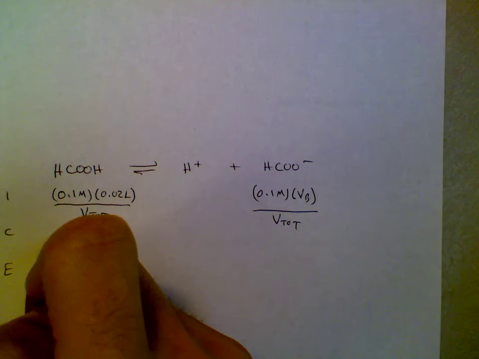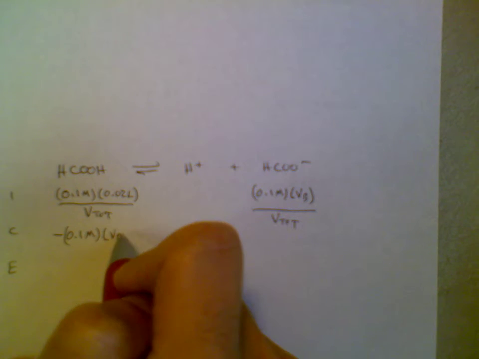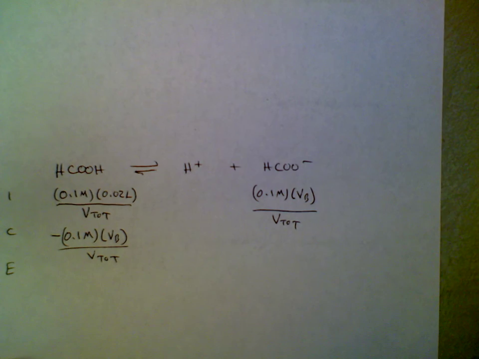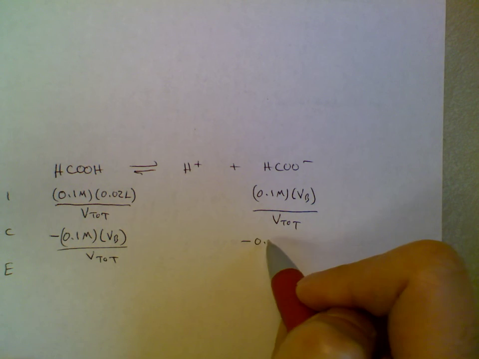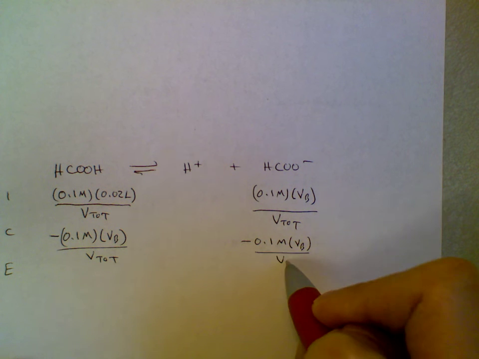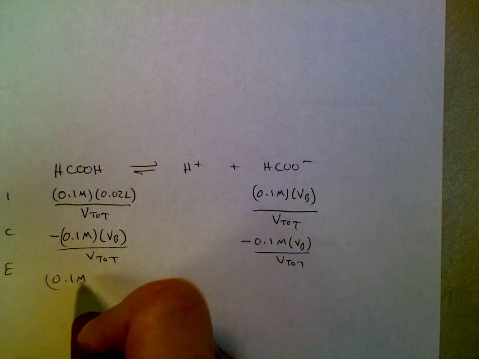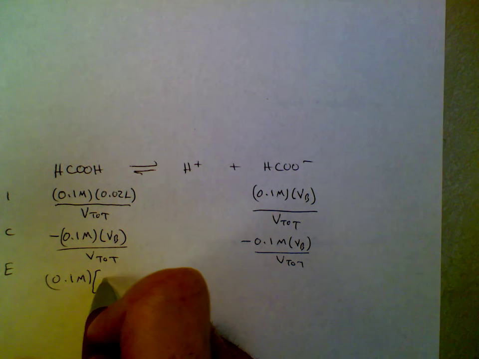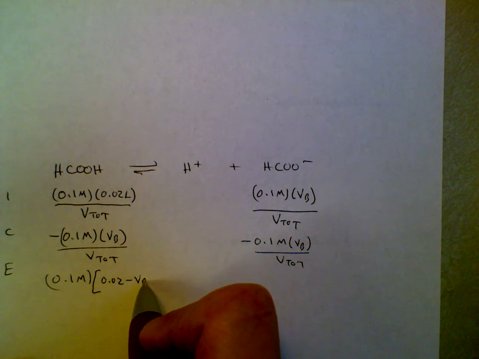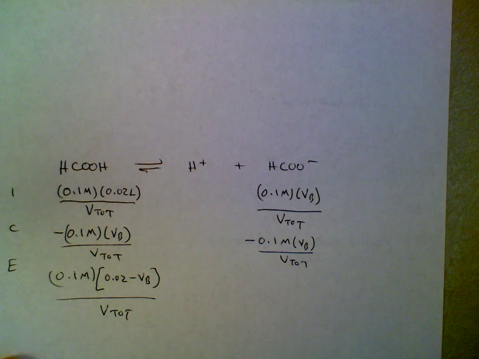We're going to lose this from both sides. And we'll be left with something that looks like this. I've just tried to simplify that a little bit. It just means that we're not left with as much formic acid as we started with.